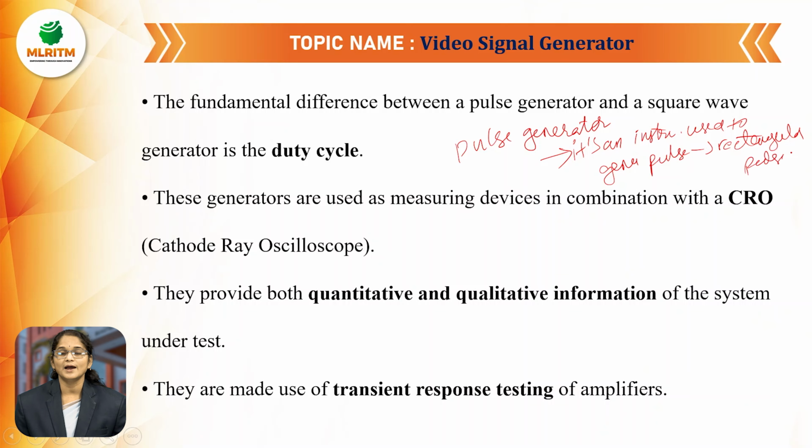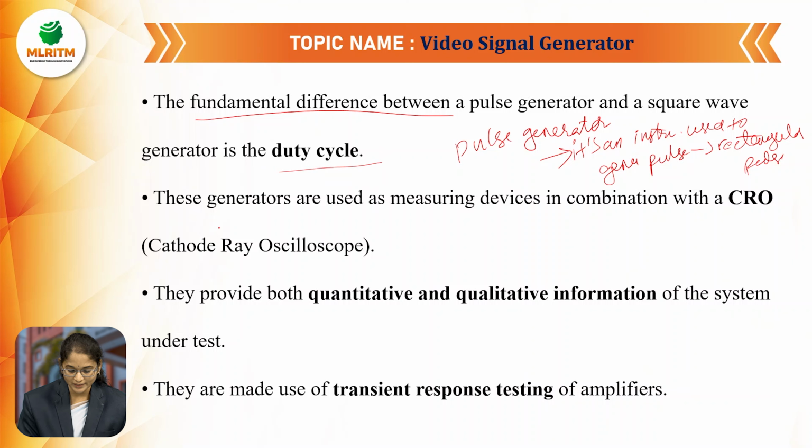And a square wave generator generates square pulses. The fundamental difference between the pulse generator and the square wave generator is the duty cycle. Why it is the duty cycle, we'll discuss later.